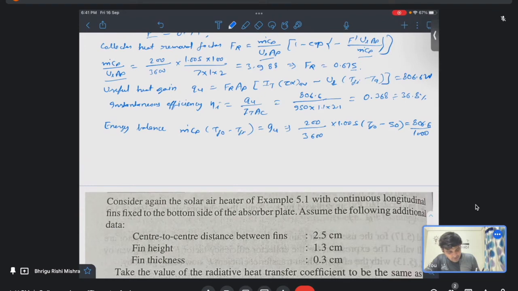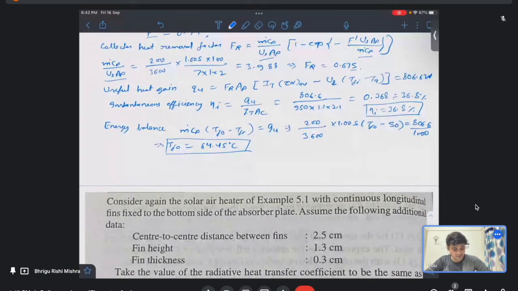So the output temperature is 64.5 degrees centigrade. So the inlet temperature is 50 and the output is 64.45 degrees centigrade. So 14.5 degrees centigrade absolute increase in the temperature, which is quite good.